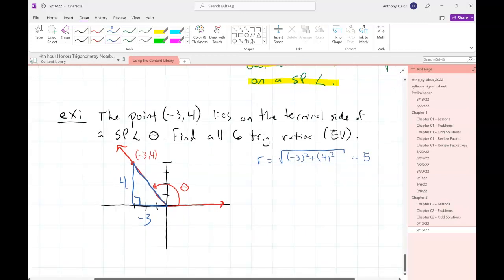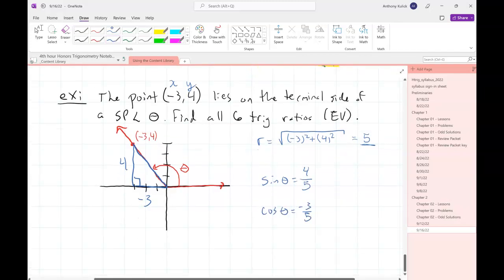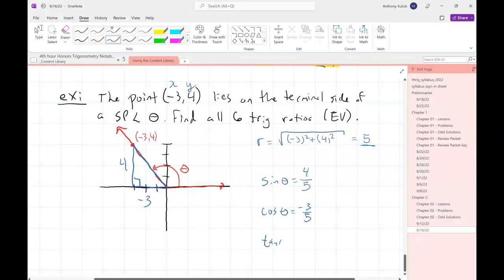Okay, so I have a value for x, I have a value for y, and I have a value for r. All I'm going to do is fill in my formulas now. So sine is y over r. Done. Cosine is x over r. Done. Tangent is y over x. Done.